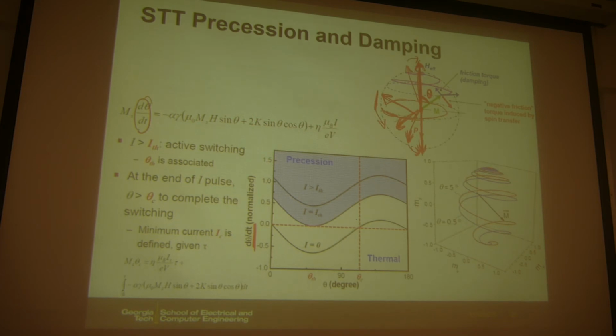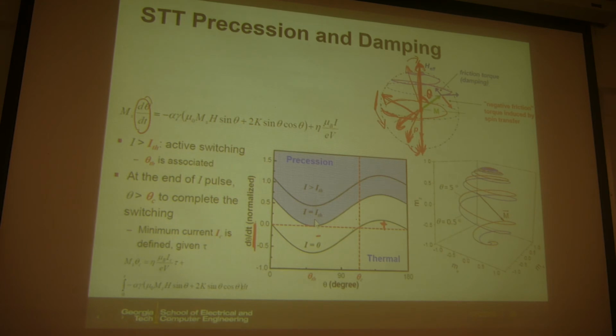So sometimes this d theta over dt is negative, sometimes positive, but overall, on average, it will remain pointing up. But if you apply current, then you will try to flip this spin state, this angle.